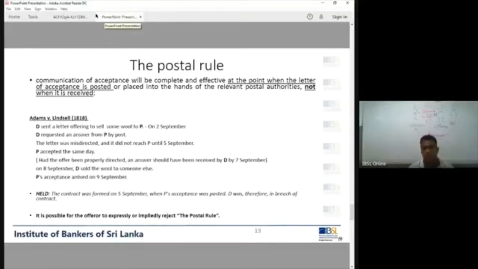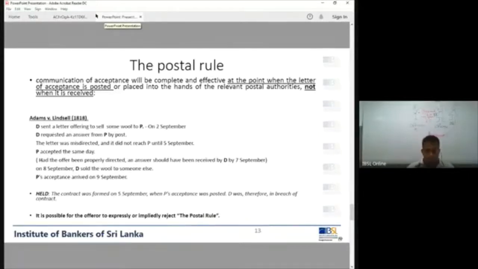If you write the theory part, you get only half marks. If you write the case, then you get full marks. So therefore, it is very important. This is the second important case so far. The first one is the Carbolic Smoke Ball Company case. Then the second one is this one, Adams versus Lindsell.